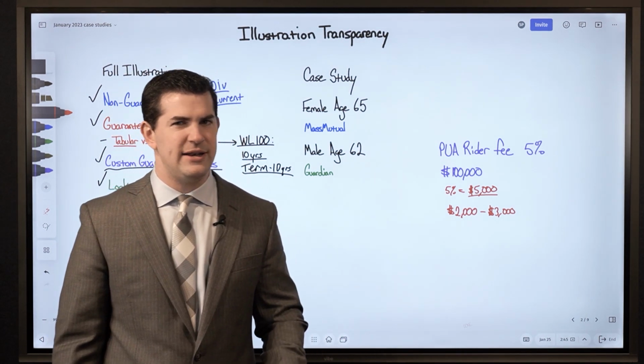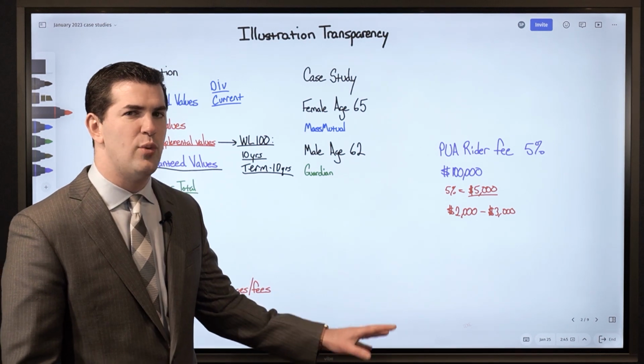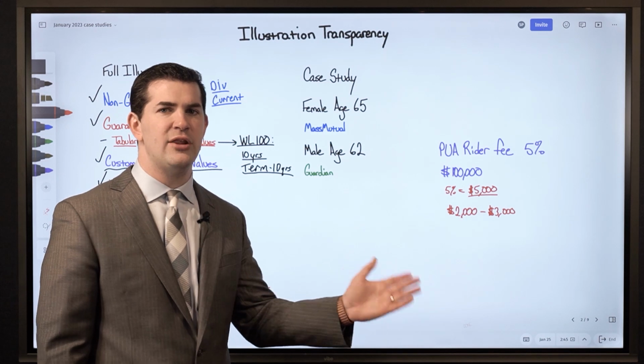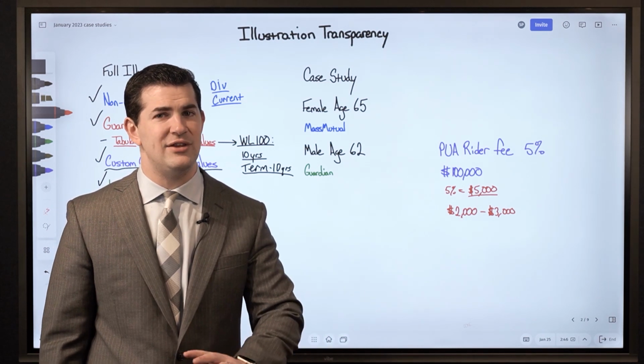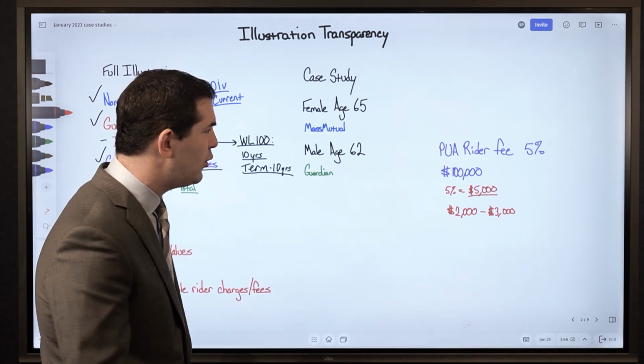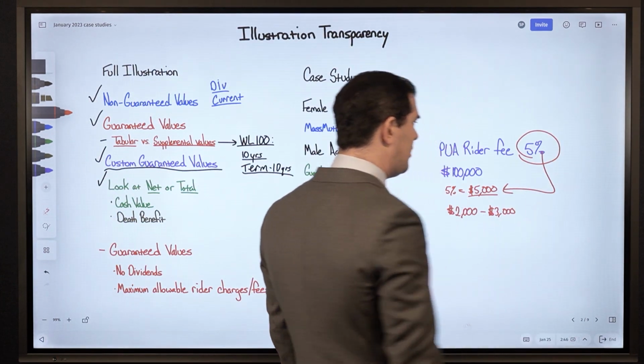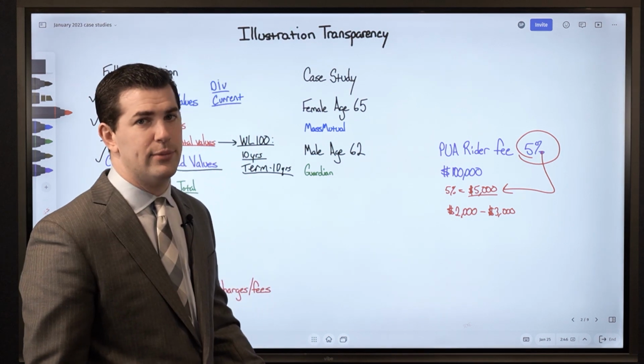And we've got some content that specifically covers PUA rider fees that breaks it down year over year based on the guaranteed values and non-guaranteed values, so I can see the net numbers. But my point here is, this can be scary, but it doesn't represent the actual numbers.